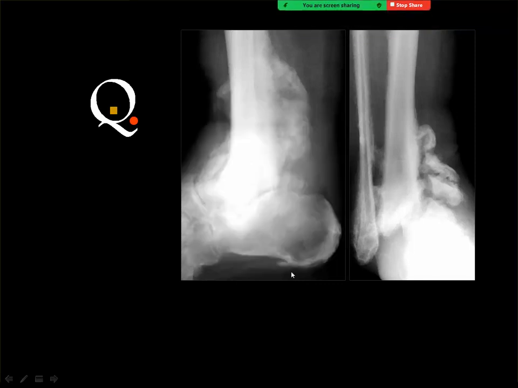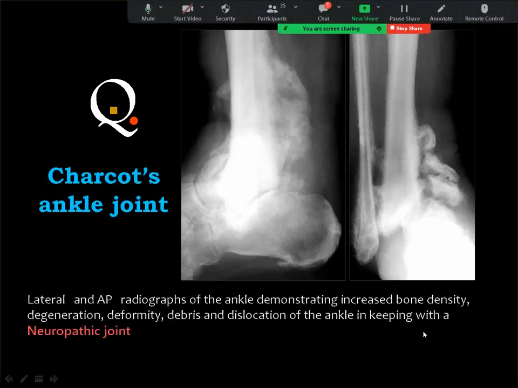Okay, this is not myositis ossificans, but this is the Charcot joint, and you see the severe disorganization of the ankle joint with extensive increased bone density and bone fragments, disturbance of the alignment of the joint.